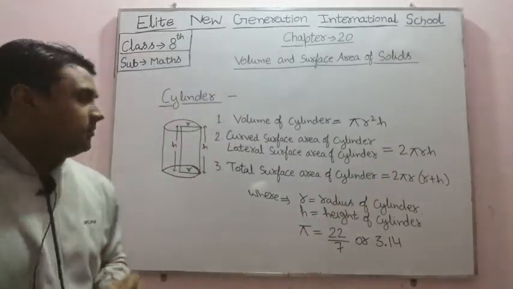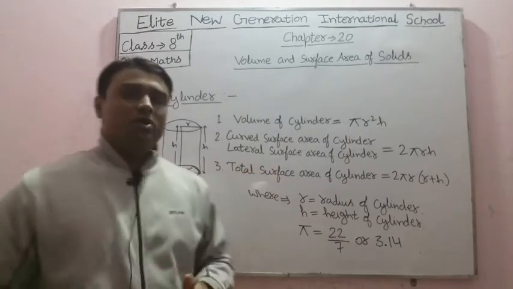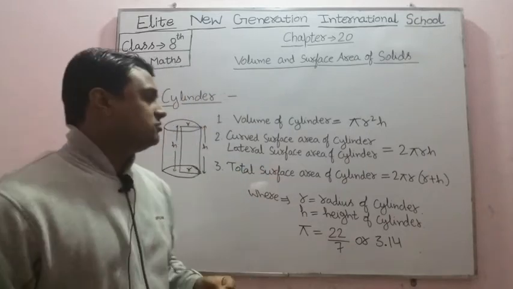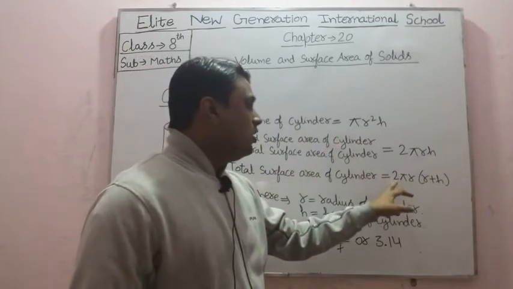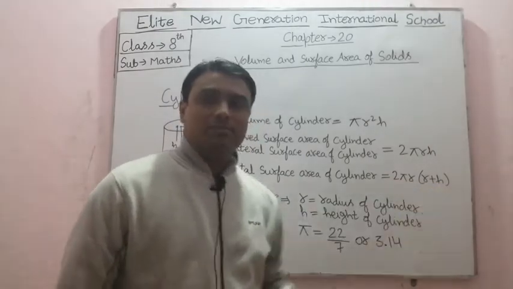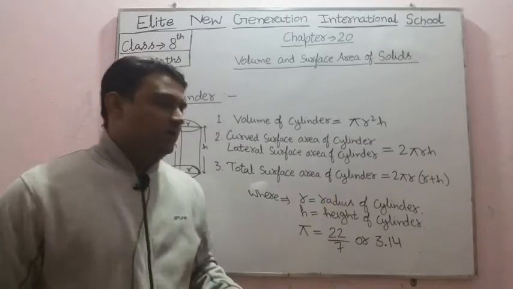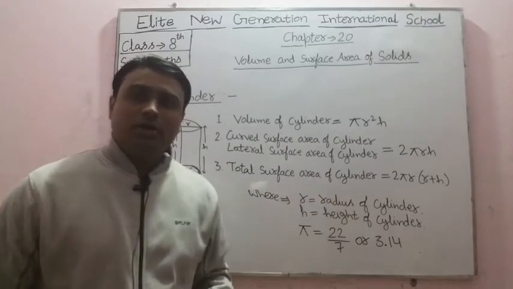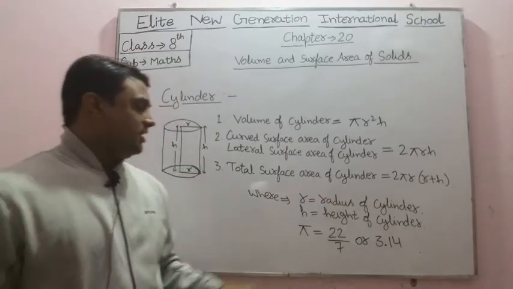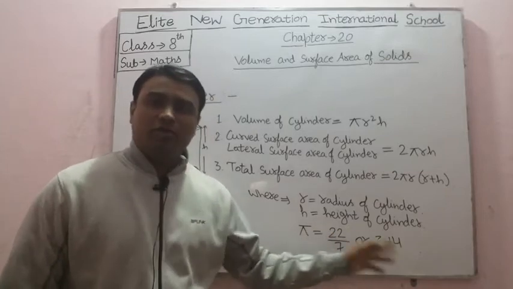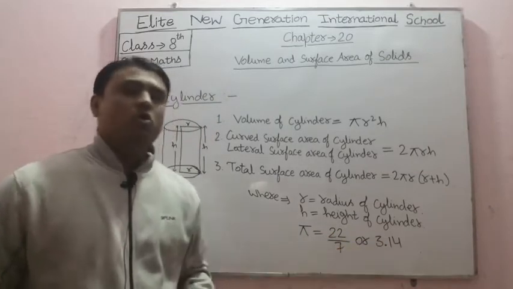Total surface area of cylinder is given by 2 pi r (r plus h). Here r is the radius of the cylinder, h is the height of the cylinder, and the value of pi is taken as 22 upon 7, or we can also take it as 3.14.